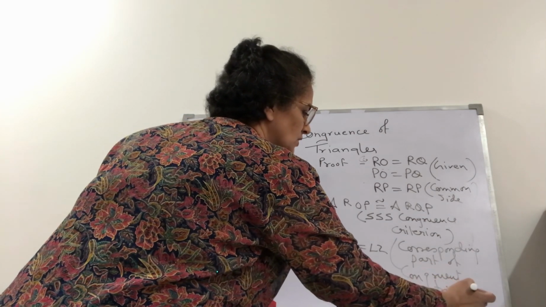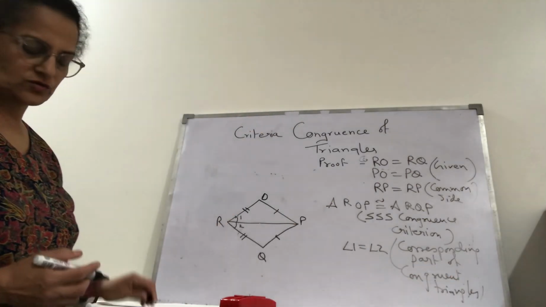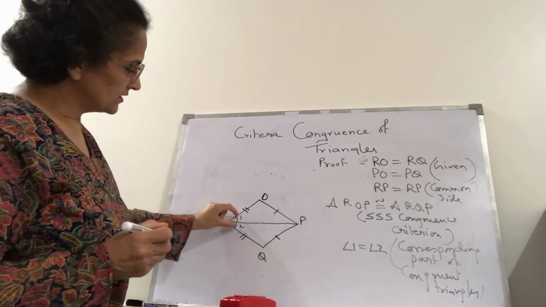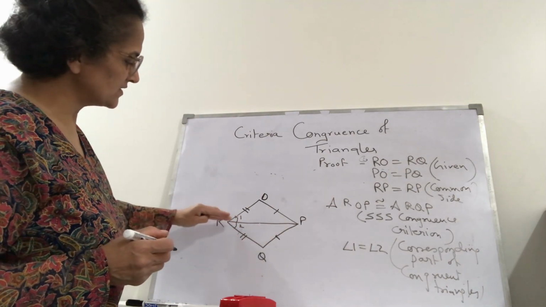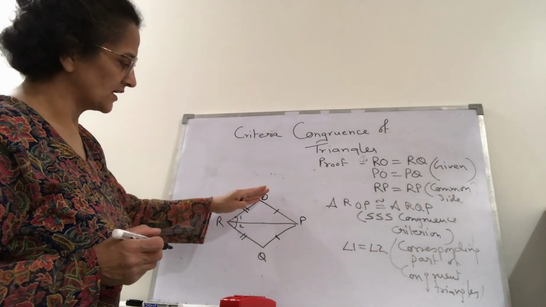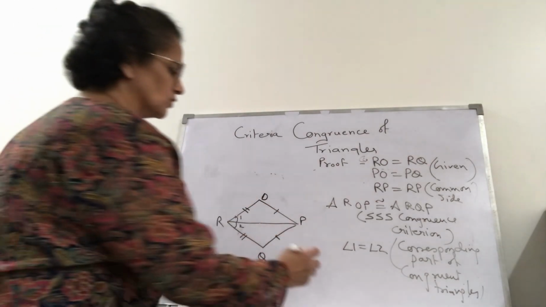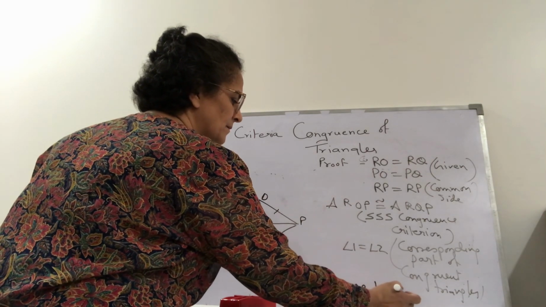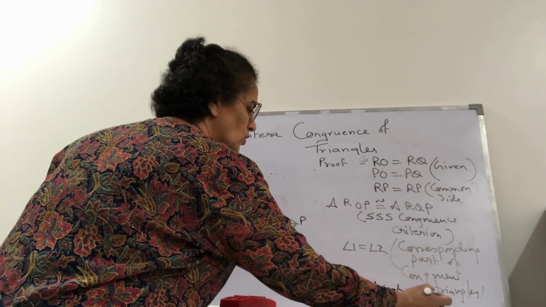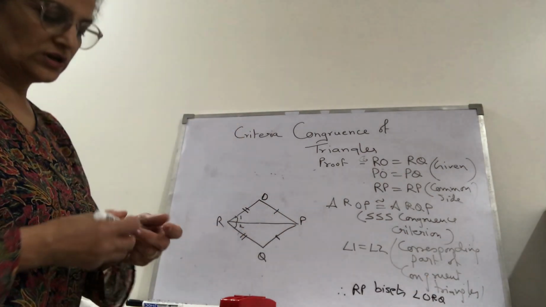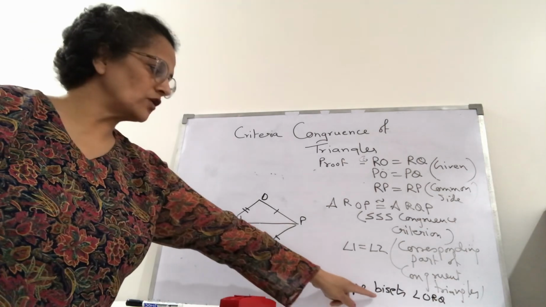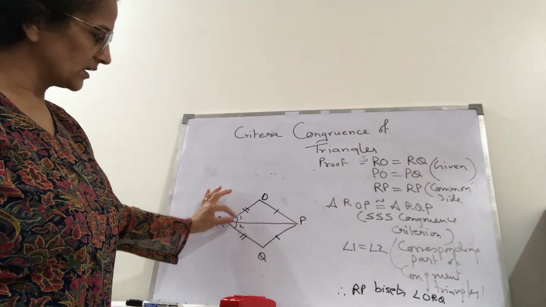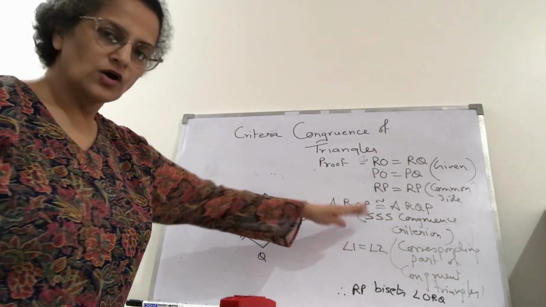And once you prove that this angle is equal to this angle, it means that RP is bisecting angle ORQ. Therefore, RP bisects angle ORQ. So you should learn the meaning of bisect. Bisect means the two parts are equal, and they are equal because we have proved the congruency.